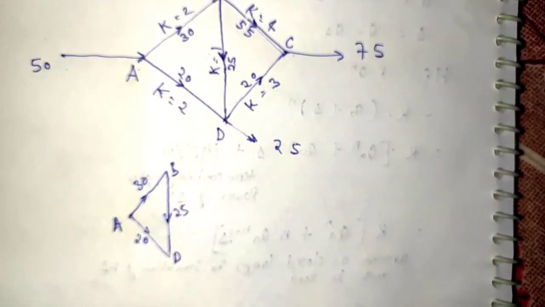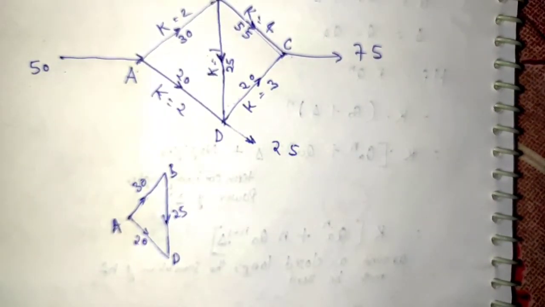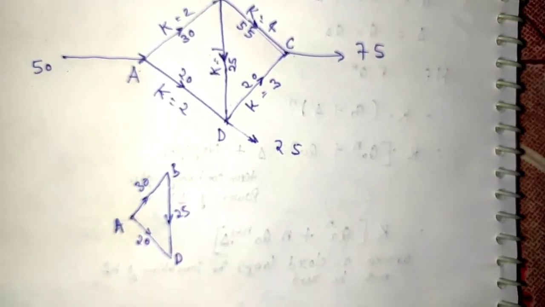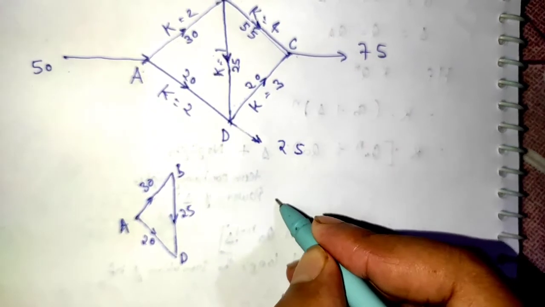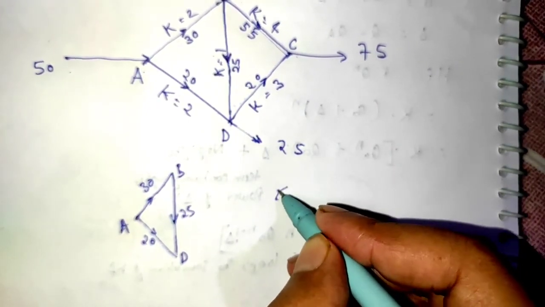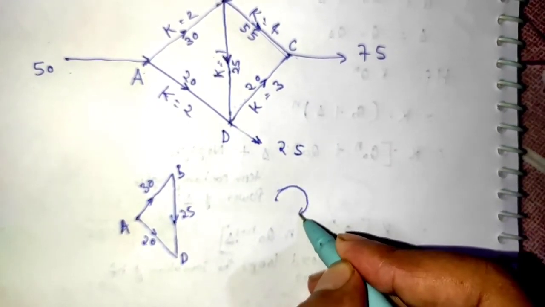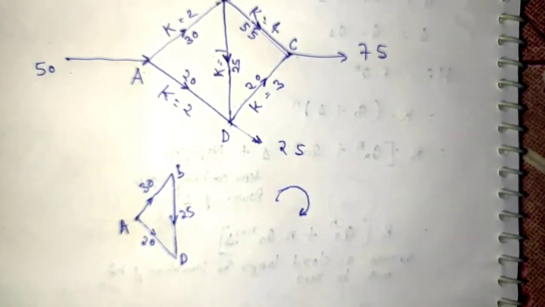Now what we do is we choose the sign convention, right? How do we choose the sign convention? We choose that if the flow is clockwise, it is positive, and if the flow is counterclockwise, it is negative, right?